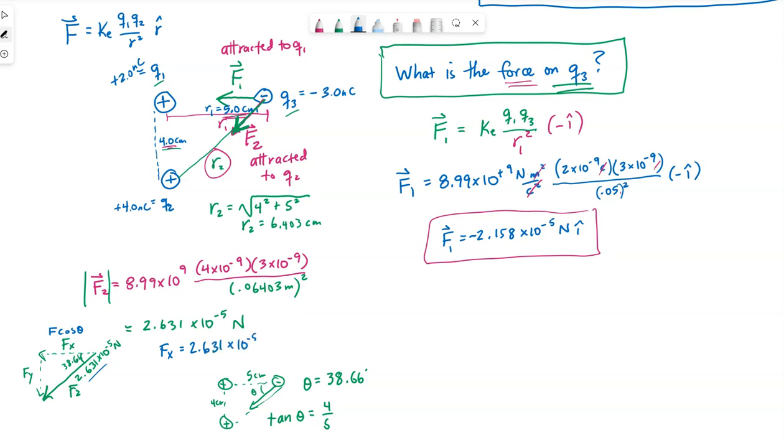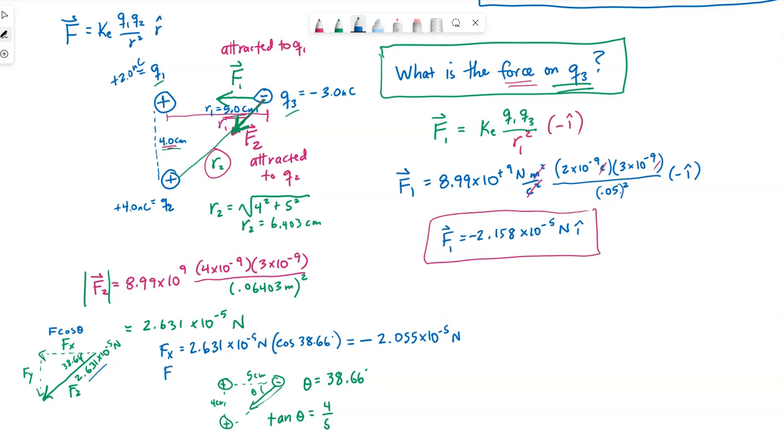I will need to put the negative sign on it myself, which is fine, because it points to the left. Using this triangle doesn't give me the negative sign. So here, this x component points to the left. It's 2.055 times 10 to the negative 5th newtons.